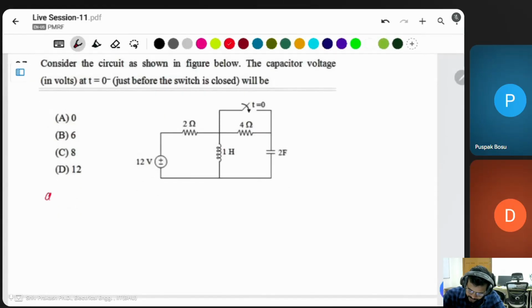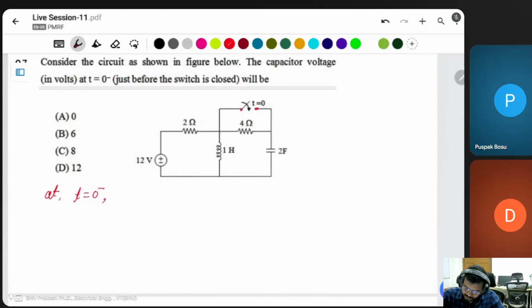At t is equal to 0 minus, this is an open circuit, not connected. It connects at t is equal to 0, but you have to find the value before it connects.